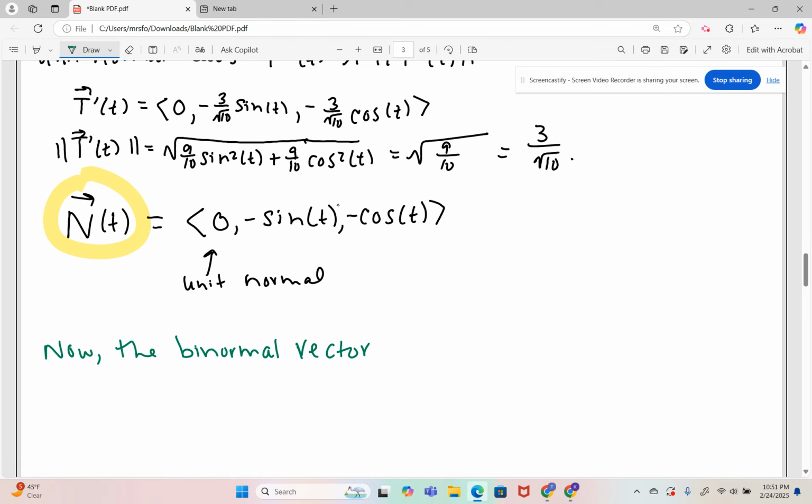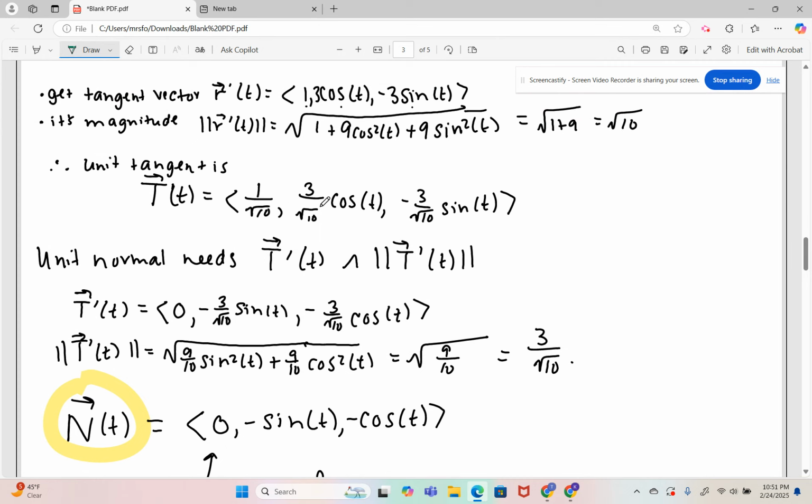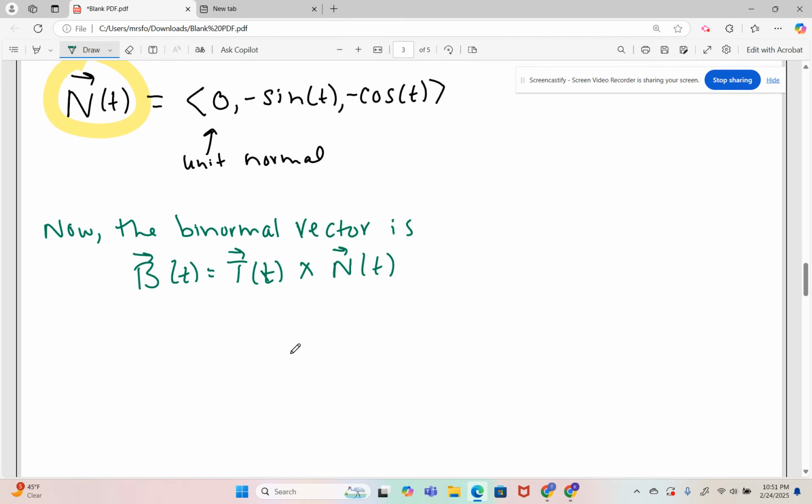Now, the binormal vector is found, because it's way up there by this point, as the unit tangent cross product the normal. Okay, so the unit tangent was here and the normal here. So we're looking at the cross product.